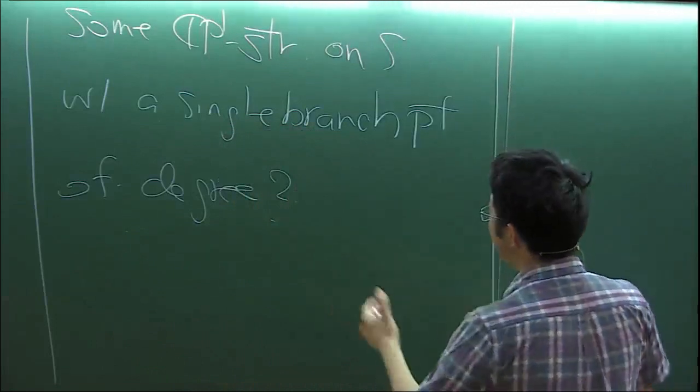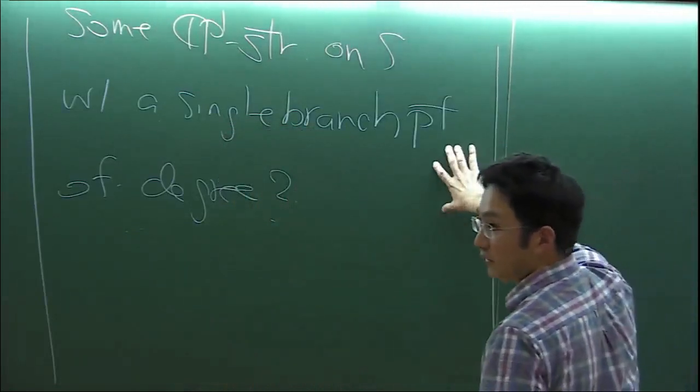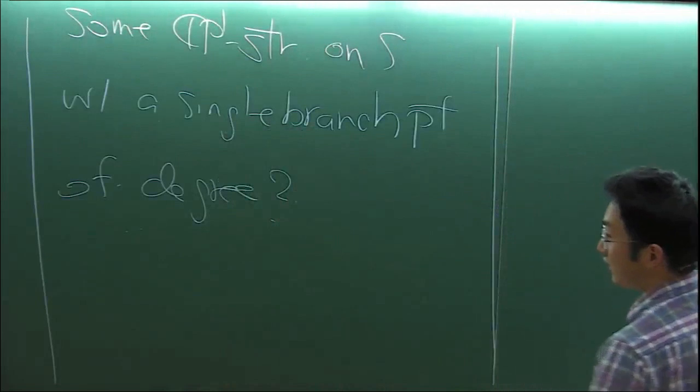So we need to have one branch point to be the holonomy.